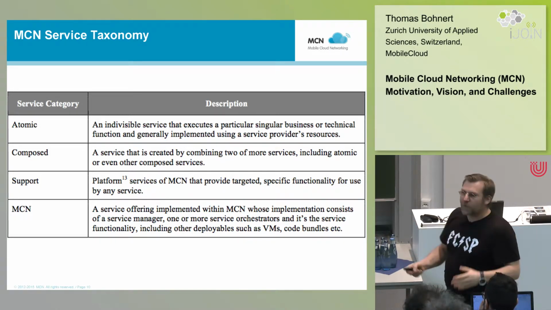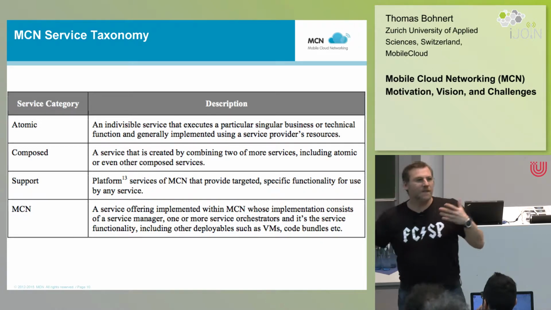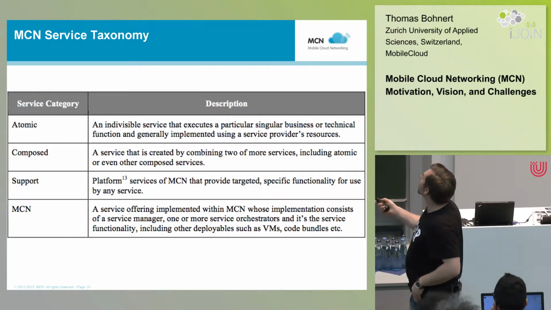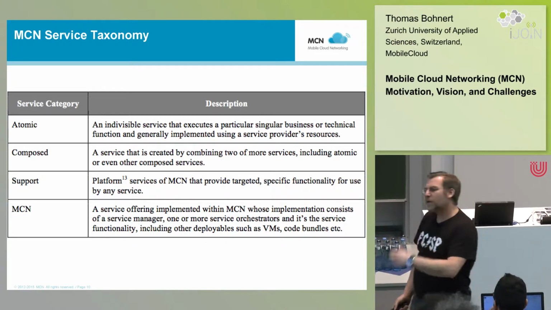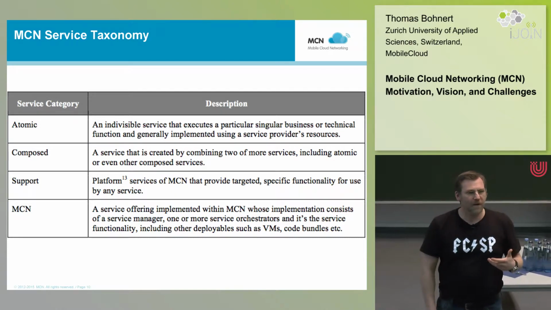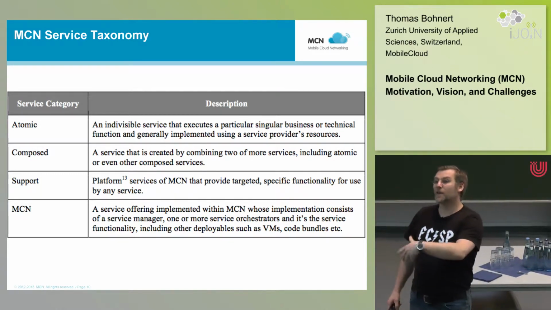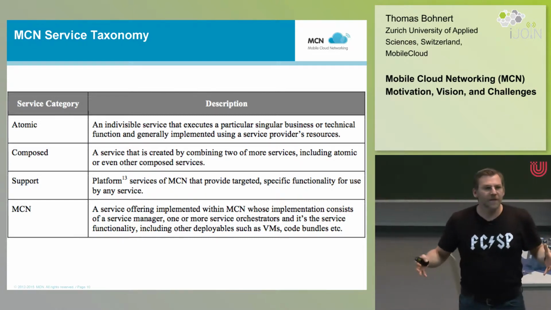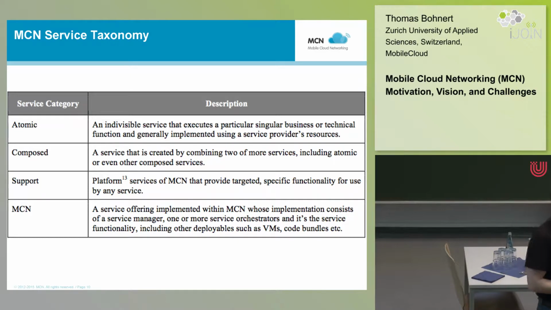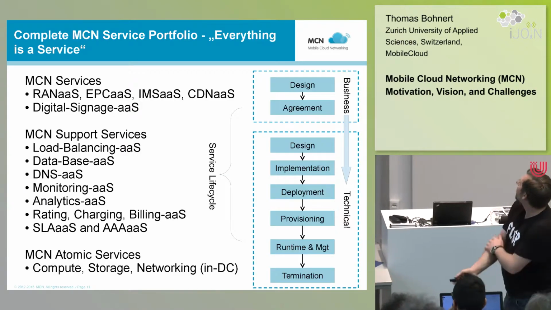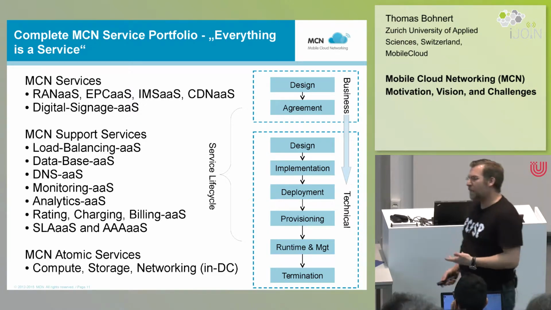We also found that, of course, if you want to combine MCN with EPC for provisioning a complete mobile network, then you need composed services. And let's say, for instance, if you consume a basic resource from a cloud computing provider, then also these things are ultimately a service. So we call them atomic services because you cannot divide a virtual machine into more pieces, at least not reasonably.